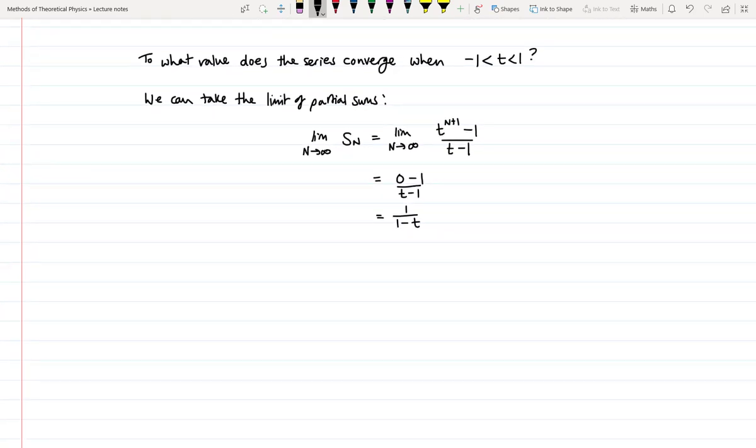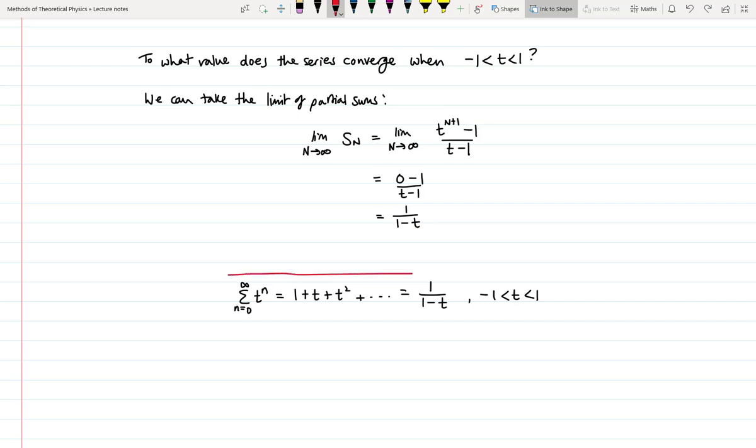This is an extremely important result. So we have that the sum of a geometric series, which is given by 1 plus t plus t squared, and so on to infinity, is given by 1 over 1 minus t, where t lies between minus 1 and 1. And this is so important, I'm going to put a red box around it.